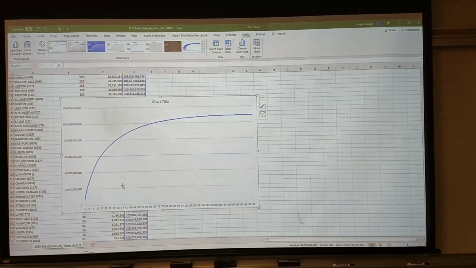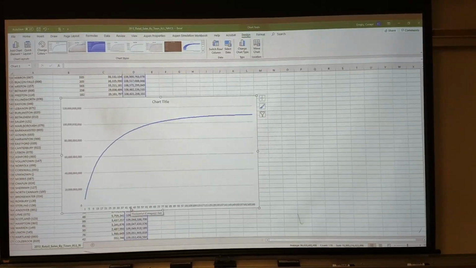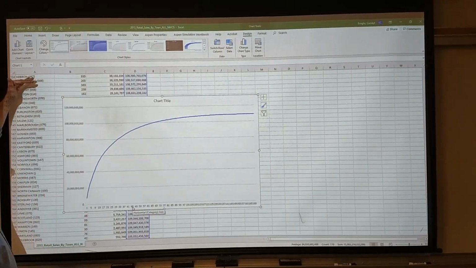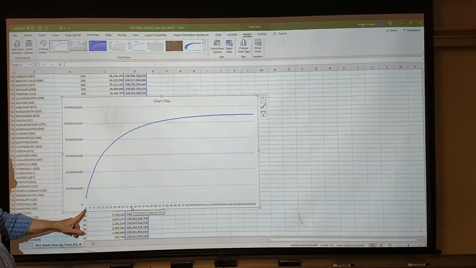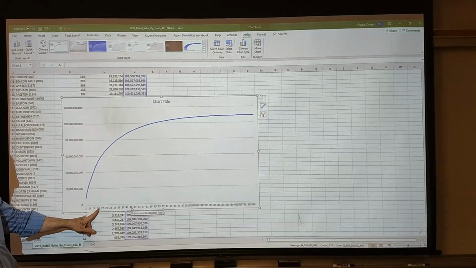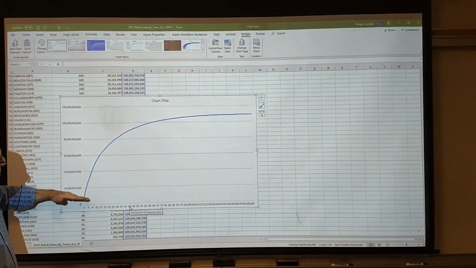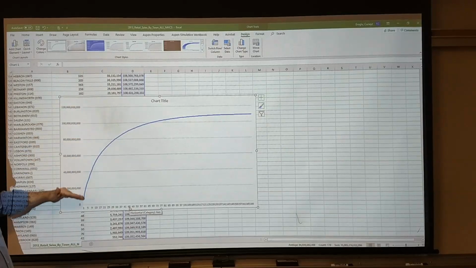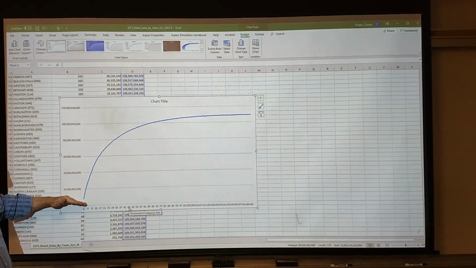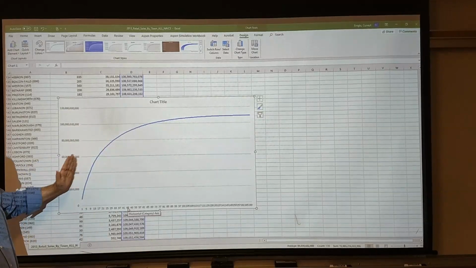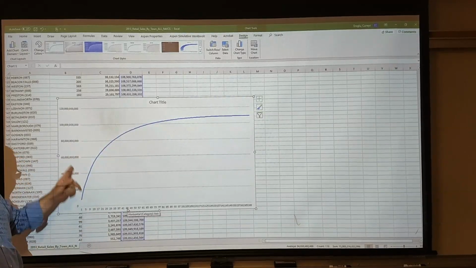Here we're starting from 1, 2, 3, 4, 5. So these are the entries, the first entry, 6, 7, and we go all the way up to 169. And this is the cumulative total sales. So we can see a pattern, but we don't have the percentages.